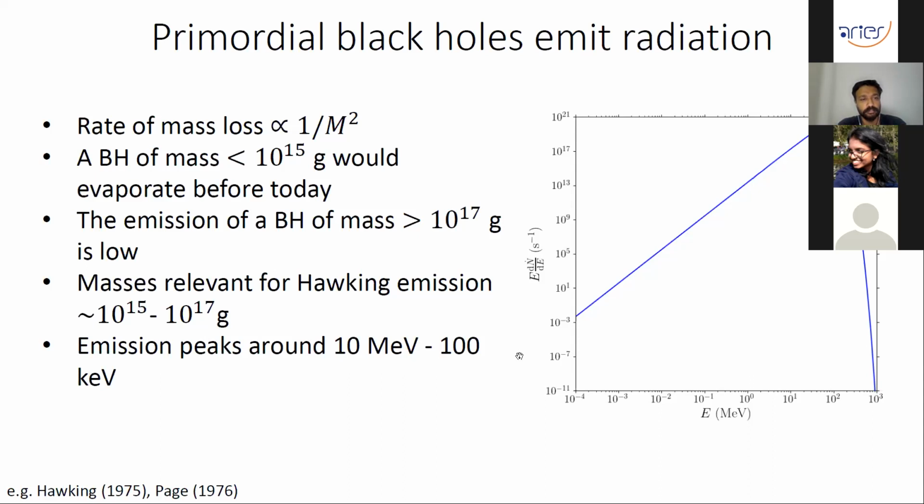But clearly we can see that the peak of this energy is quite far from the energies of our interest, because we are interested in radio energies, which are of the order of micro electron volts. So we are going to expect very small numbers from evaporating primordial black holes.